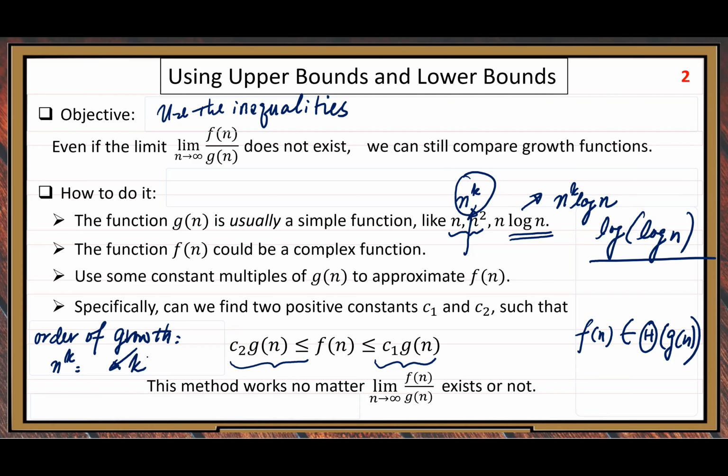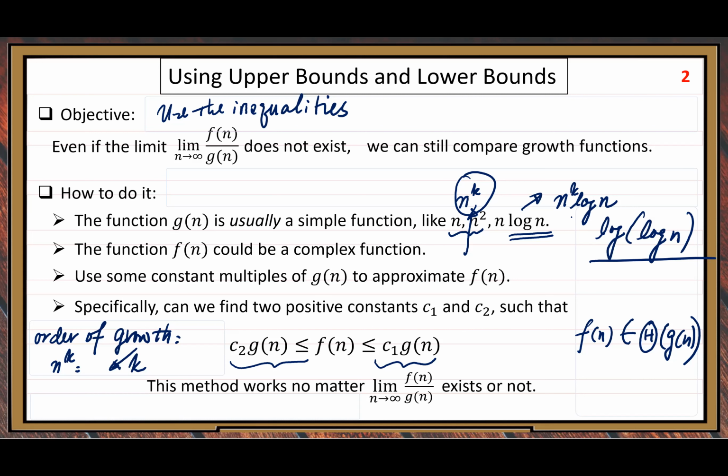Then you can do comparison. When k is larger, the order of growth is larger. When k is smaller, the order of growth is smaller. Pretty straightforward.